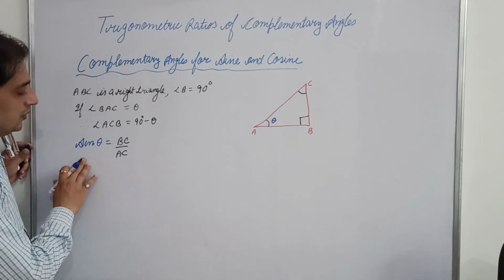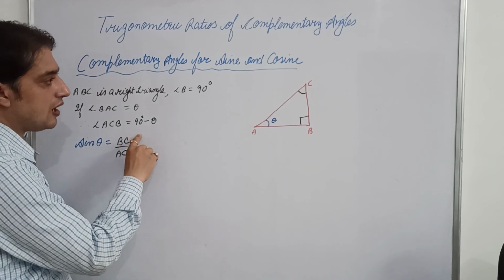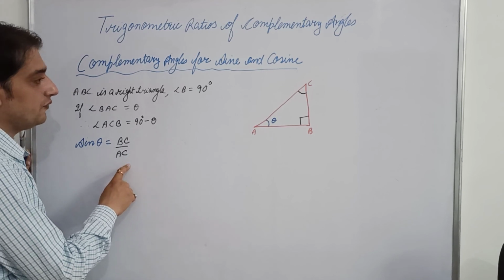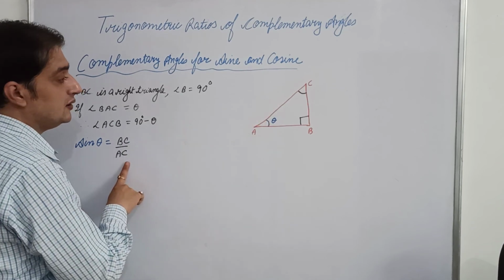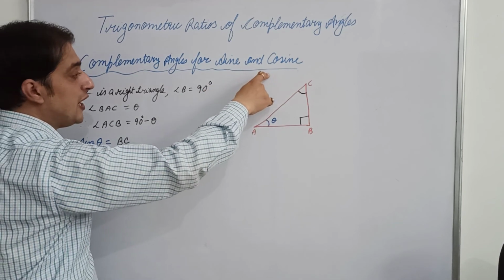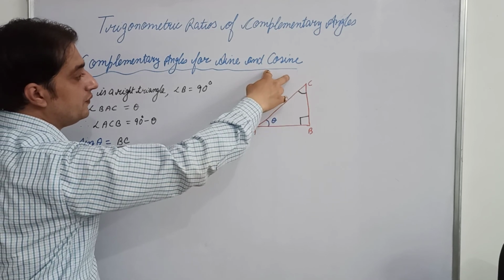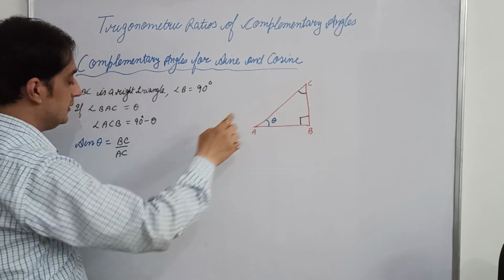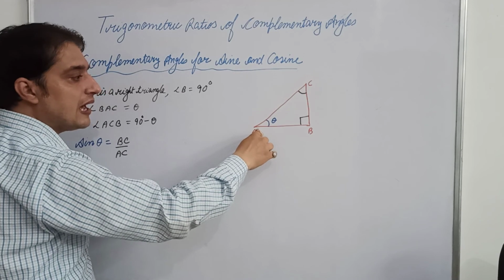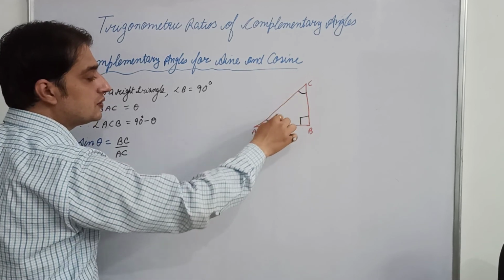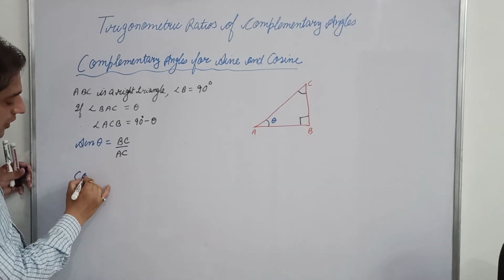Now see the value of this T ratio for angle C also. If I find the cosine of angle C, which is the complementary angle of A, the two values are the same.